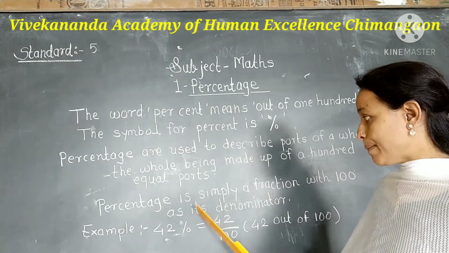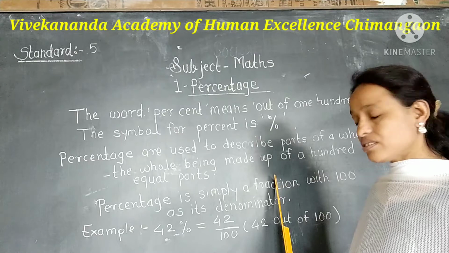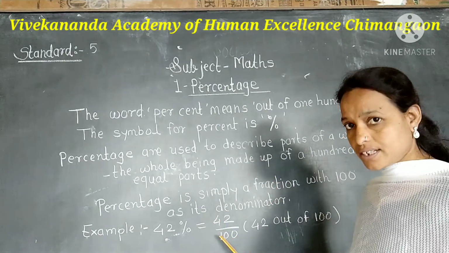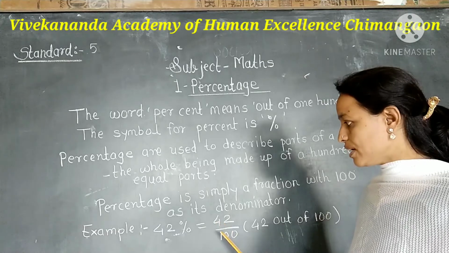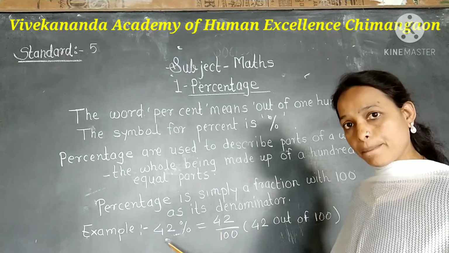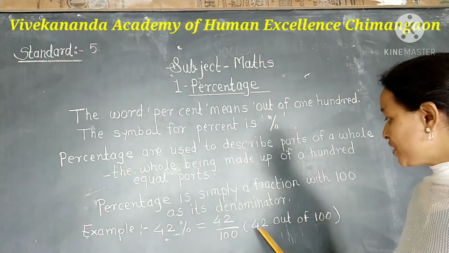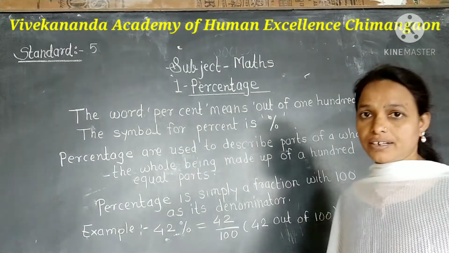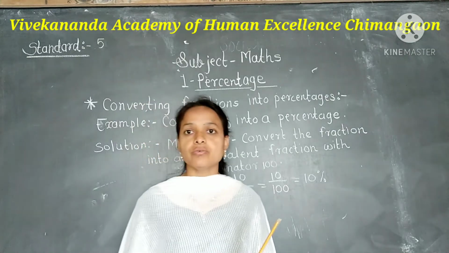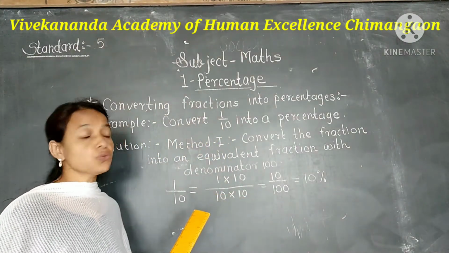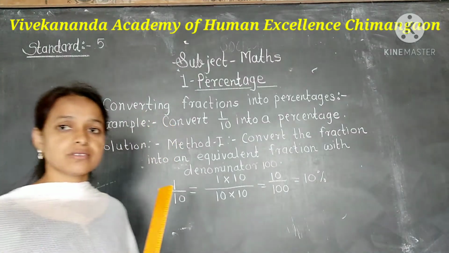Simply in fraction, how to write that? 42, and its denominator is 100. 42 upon 100 means 42%. And what is the meaning of that? 42 out of 100.